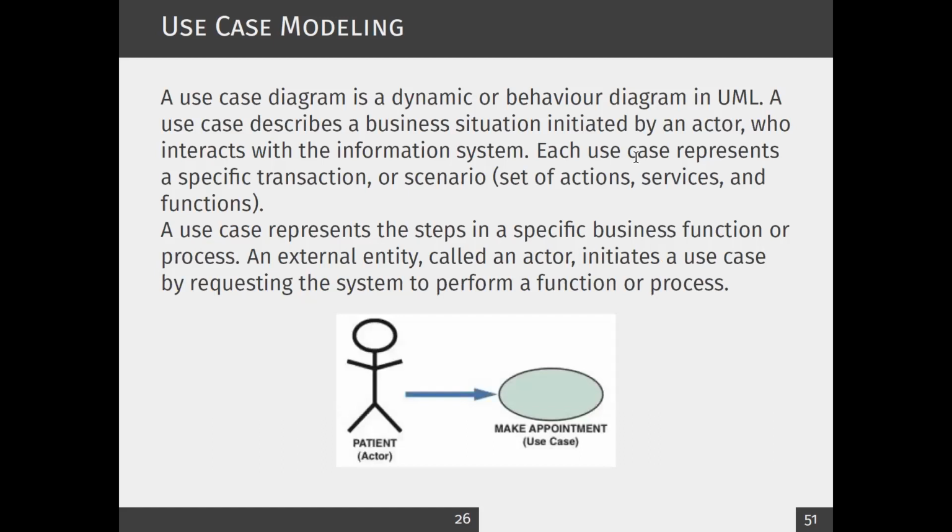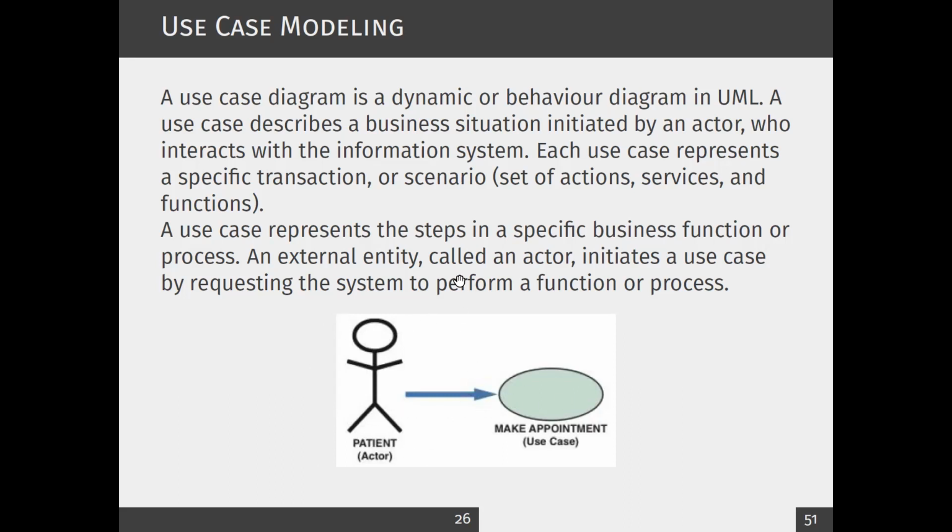Right, now let's look at an example of use case diagrams. A use case diagram will show you the dynamic behavior, especially when you want to capture the requirements. Here we are using a stick figure. In this case, you can see a patient and a doctor, and then they are going to have an appointment.